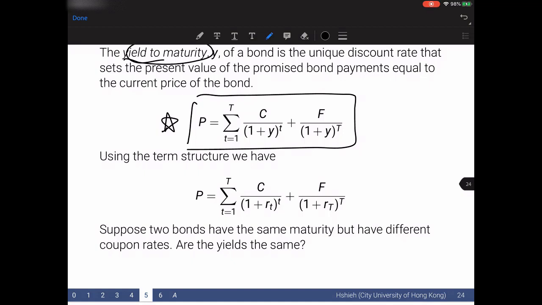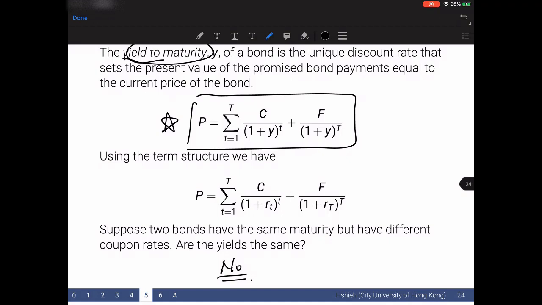So I pose you a final question at this slide, which is, suppose two bonds have the same maturity but have different coupon payments. Are the yields the same? And the answer, of course, is no. I will talk more about this difference between coupon payments in the next lecture, but the idea is quite intuitive.